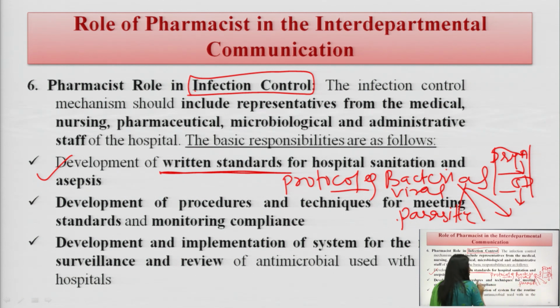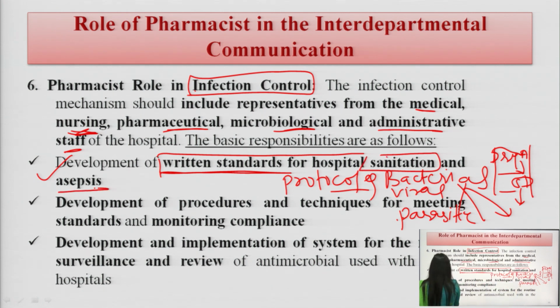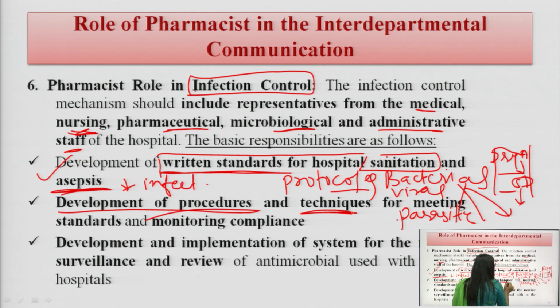So like this all protocols are prepared by the pharmacist as a team, because the medical staff is working, nursing staff is working, pharmaceutical and microbiological staff is working, other administrative staff is working, and they are making the written standards for hospital sanitation and asepsis, how to reduce the infection. Development of procedures and techniques. What techniques should be used?